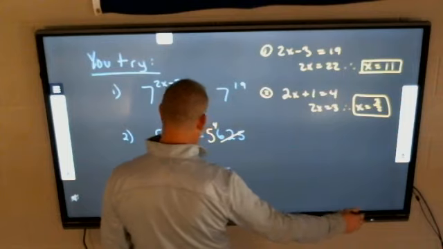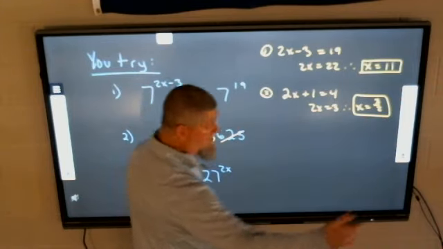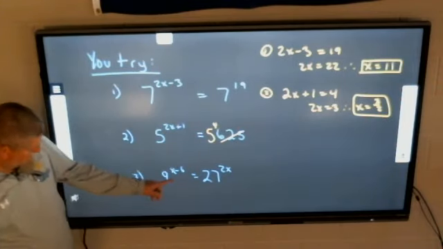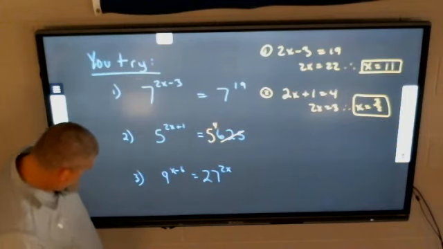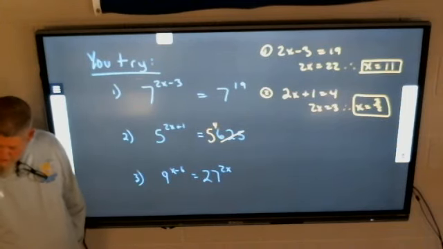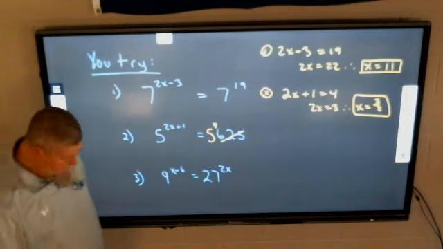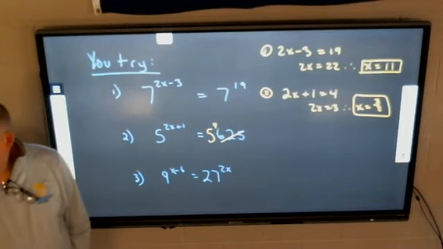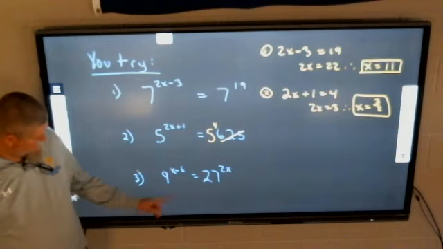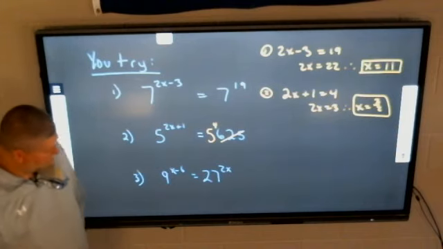So, for the last one, you just make 27, 3 to the third power. And 9 is 3 to the second. Correct.